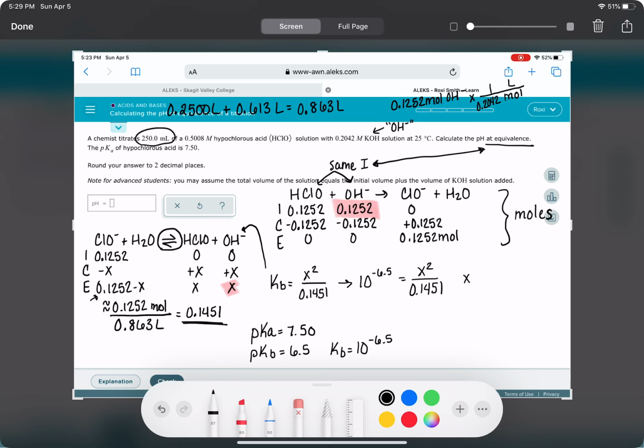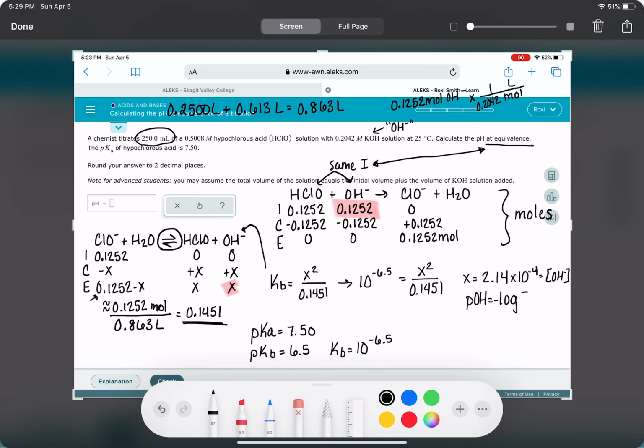X is very small. It is suspiciously small. It makes me nervous. It's so small. That is our hydroxide concentration. We can calculate the pOH from that.